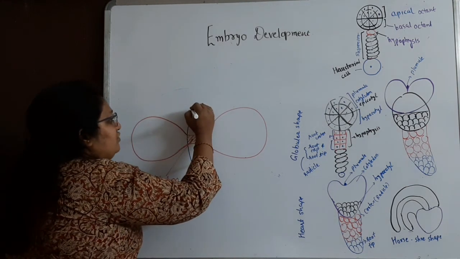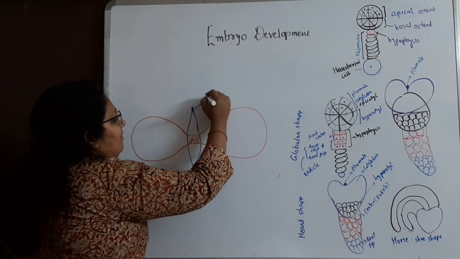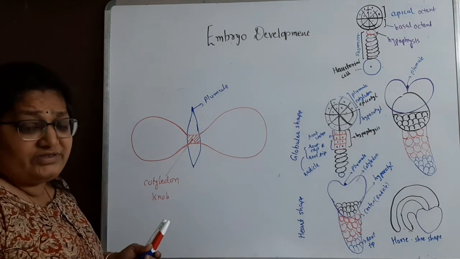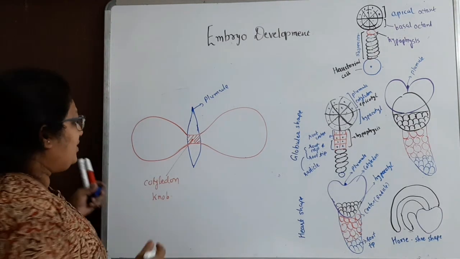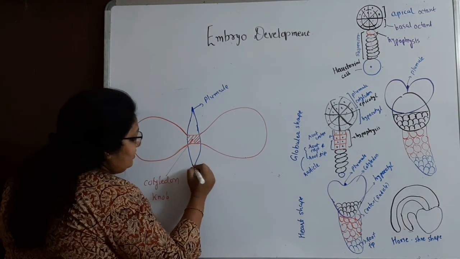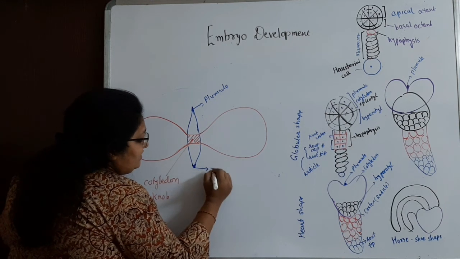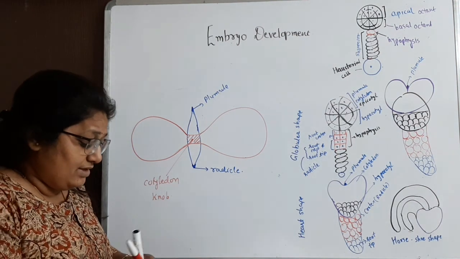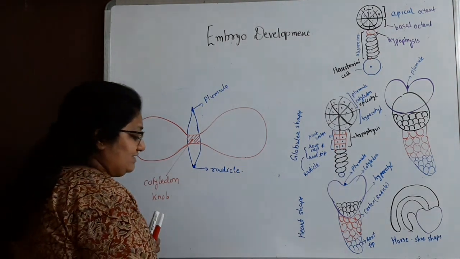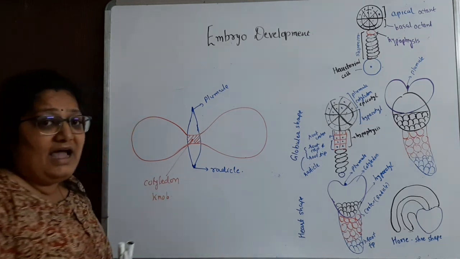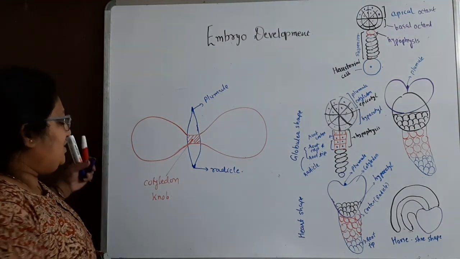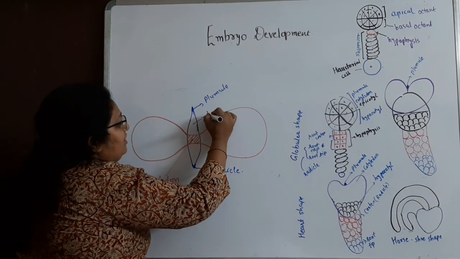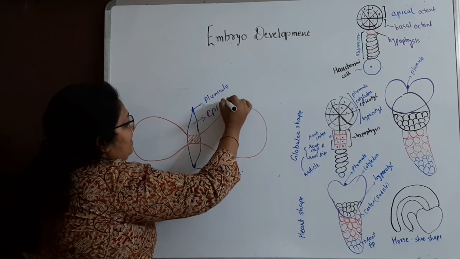एम्ब्रियोनिक एक्सिस, उसकी जो टिप है वहां पे होता है प्लम्यूल, राइट? क्यों प्लम्यूल? बिकॉज वहां से सूट सिस्टम अराइज होगी एंड टुवर्ड्स लोअर साइड इट इज रेडिकल. You know radical? From where that root system arises. And the space between that cotyledon knob and plumule, it is known as the epicotyle.